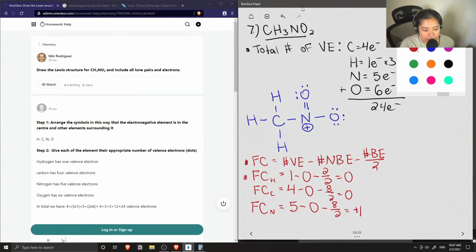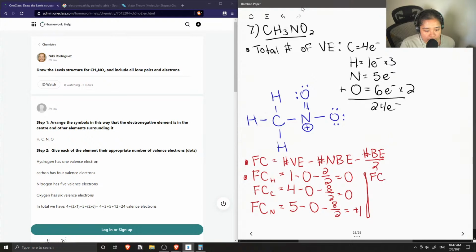And now we can continue on to calculate the formal charges of both of our oxygens. So for the double bonded oxygen, there are 6 valence electrons, 4 non-bonding electrons, and there are 2 bonds to the oxygen, so we have 4 bonding electrons divided by 2.